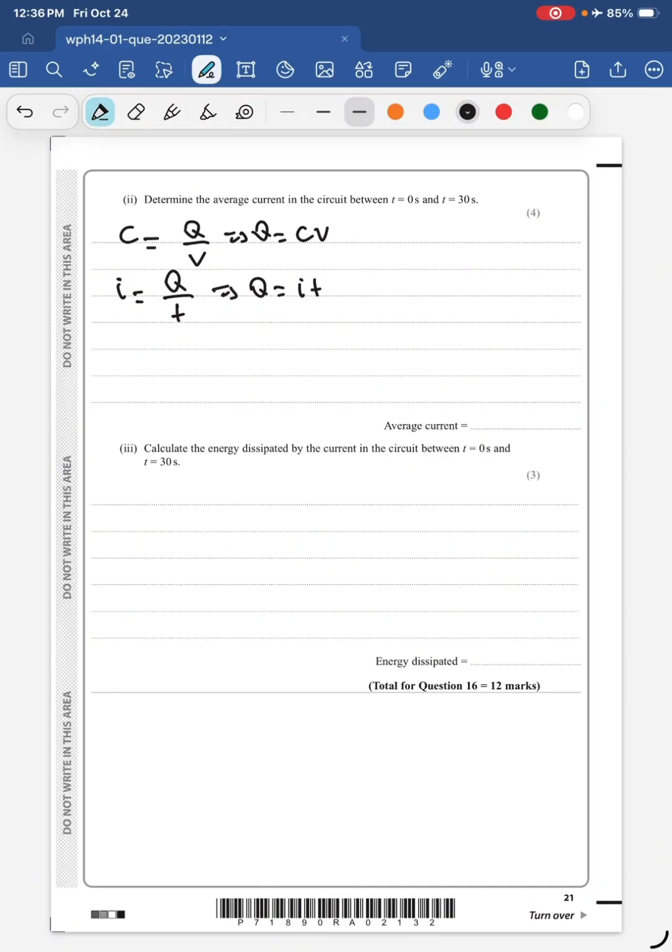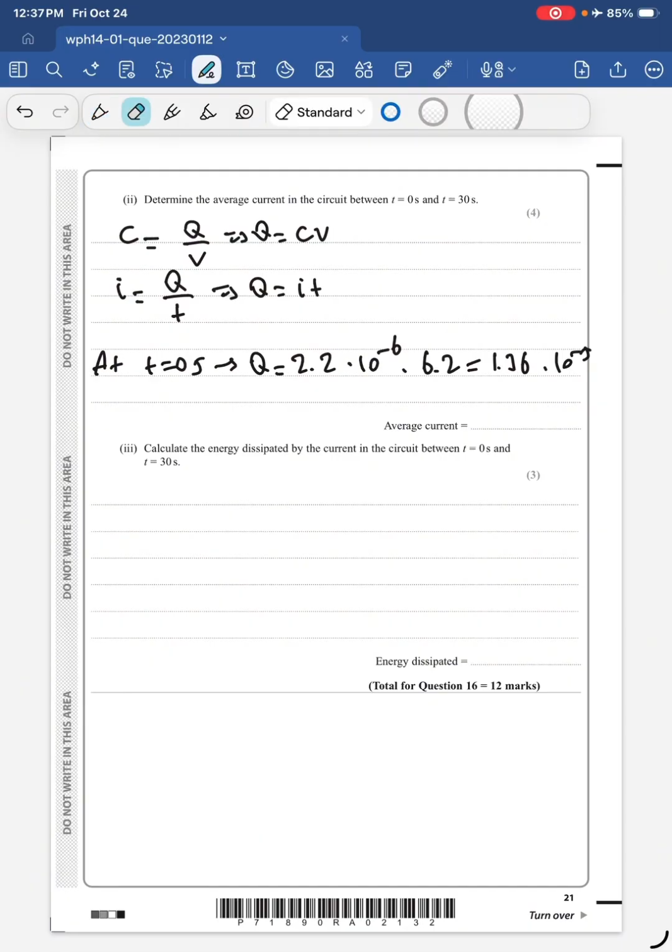Now the charge, let me think. At time equal to 0 seconds, Q is C times V, which is 2.2 times 10 to the negative 6 times the voltage, which is 6.2. So the charge is 1.36 times 10 to the negative 5.